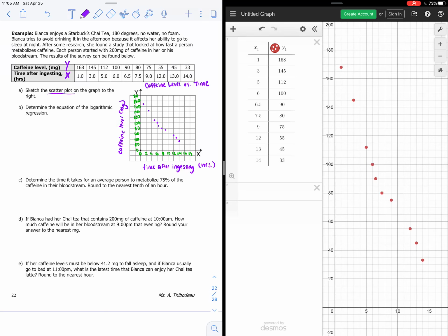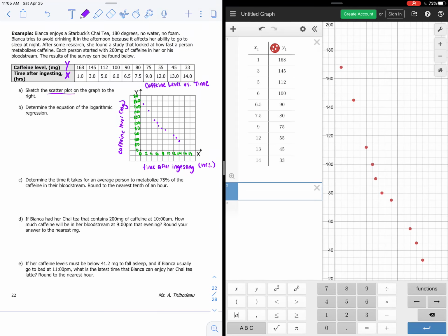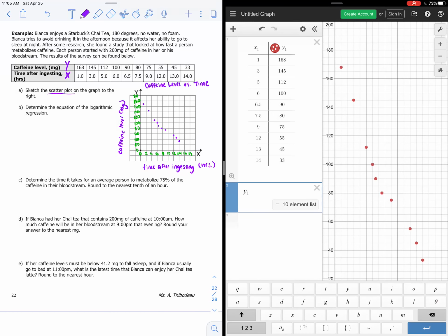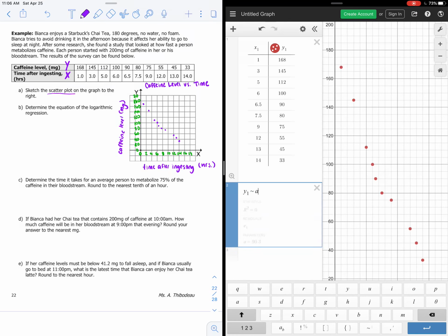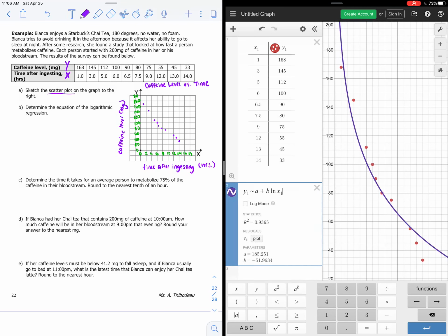And our graph looks pretty similar, so that's a good sign. It means that we've done a pretty good job, so yay us. And we're going to plug in that regression equation: y1 ~ a + b ln x1.